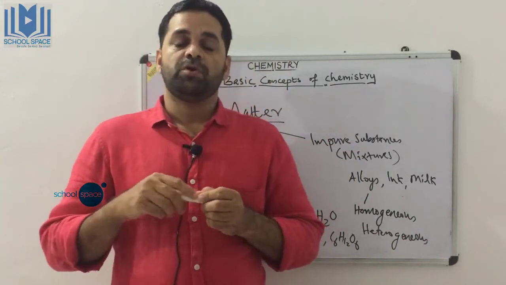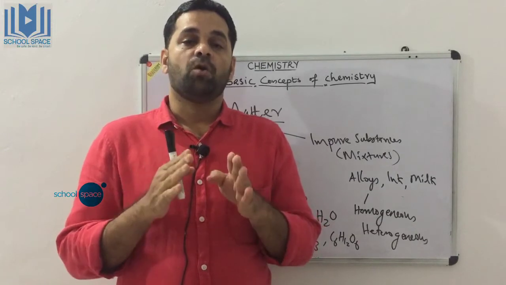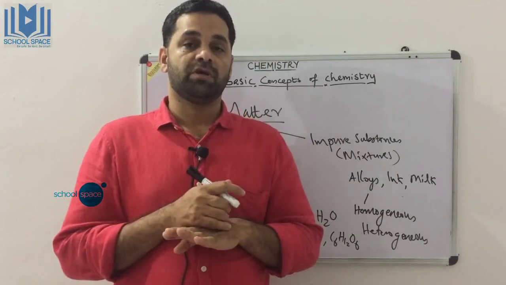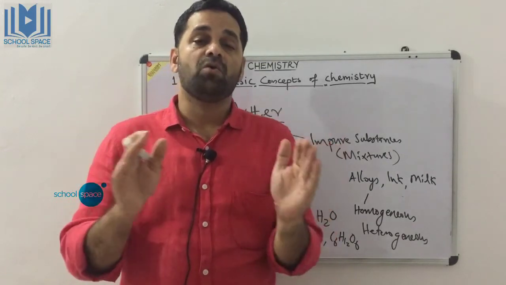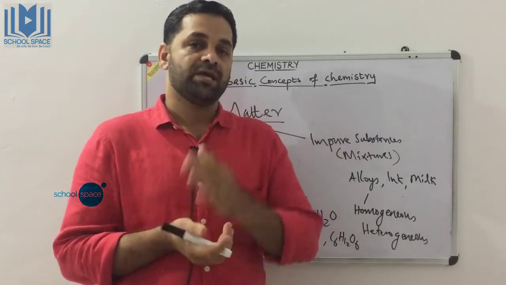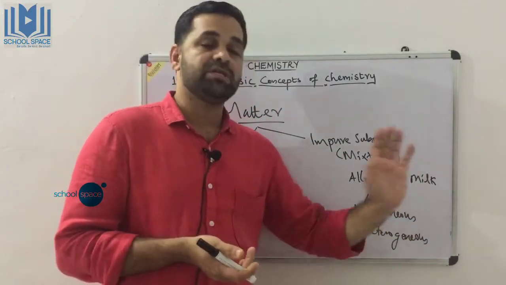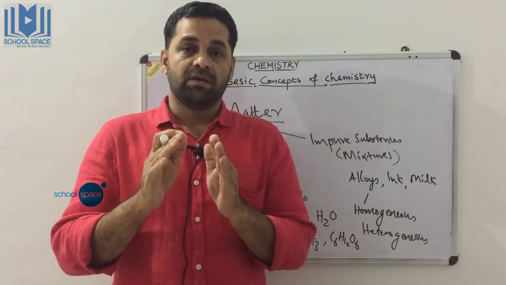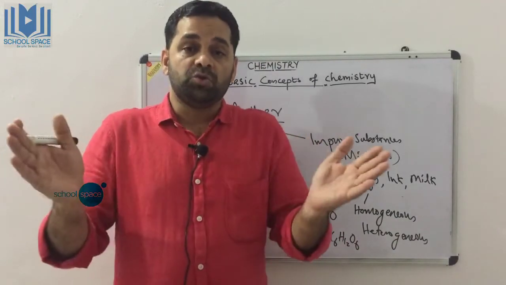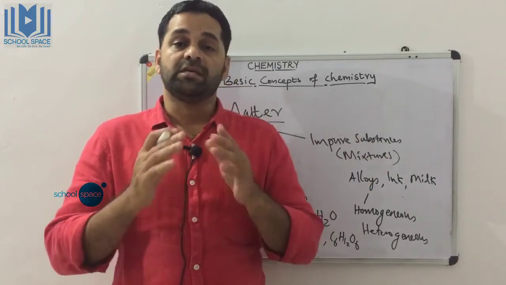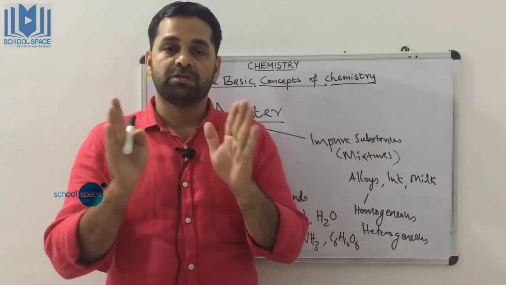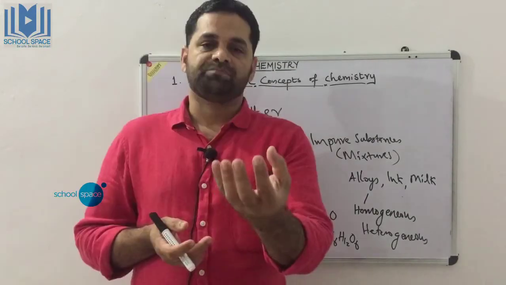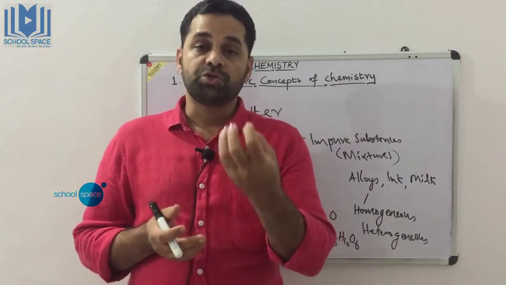A mixture is said to be homogeneous if all the components are uniformly distributed and there is no visible boundary of separation between the components. Example, salt solution or sugar solution.